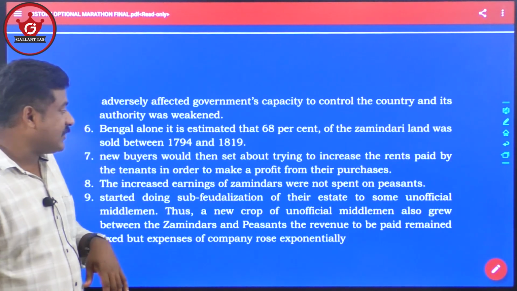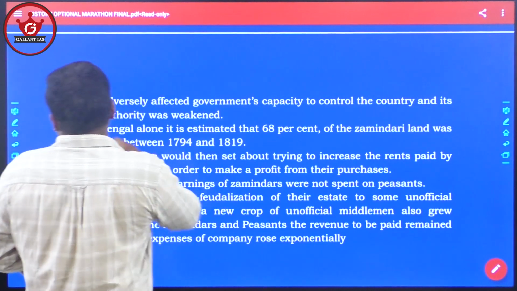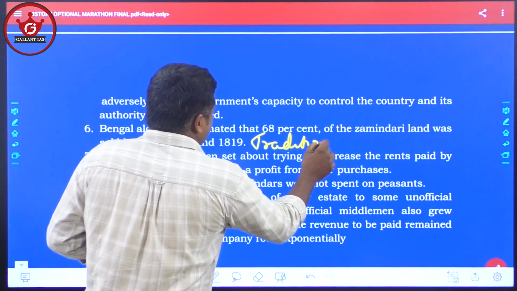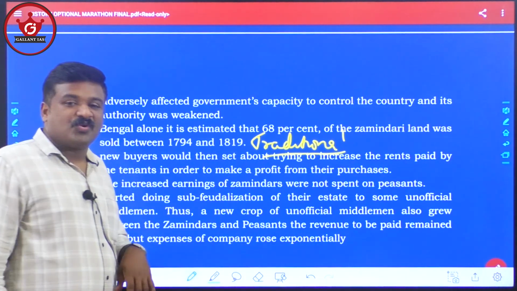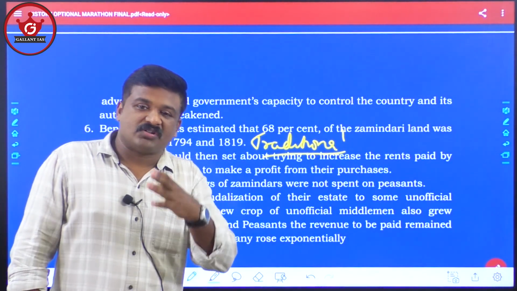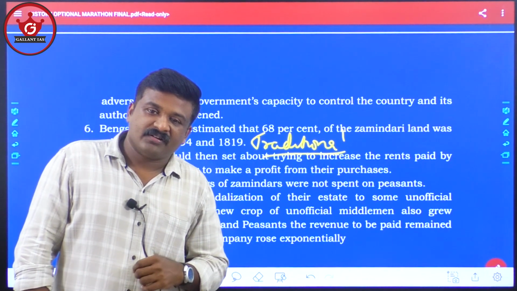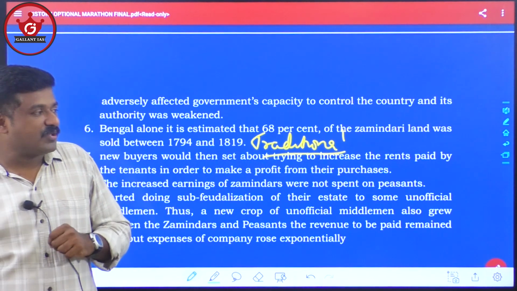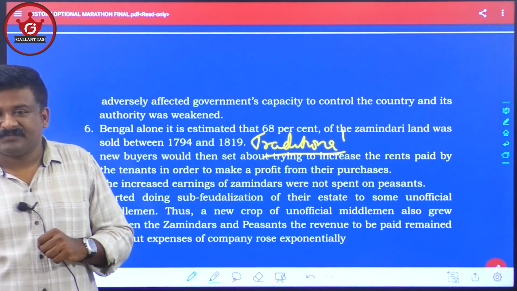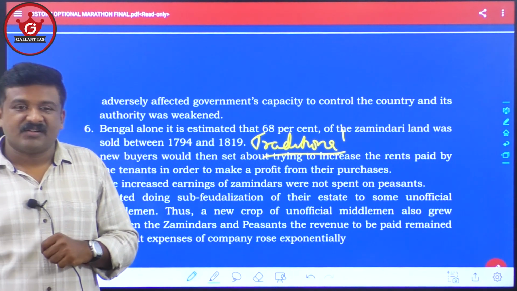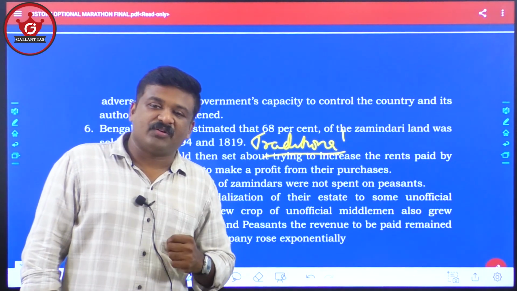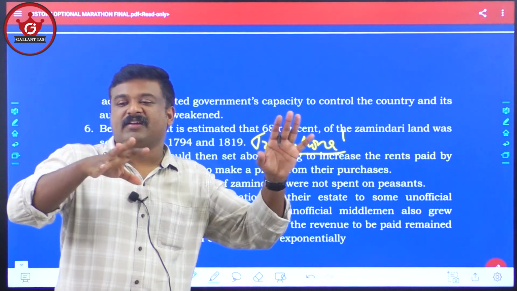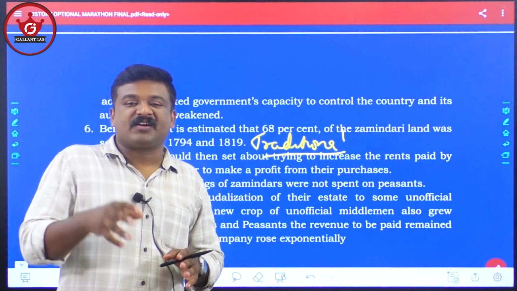Another problem is that some traditional Zamindars are there. These traditional Zamindars, they are so sympathetic. Suppose Radhamani, I am taking another example. Radhamani is Zamindar, suppose, and Radhamani is very soft by heart. She is having 500 acres of land.